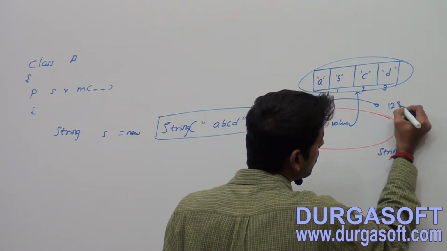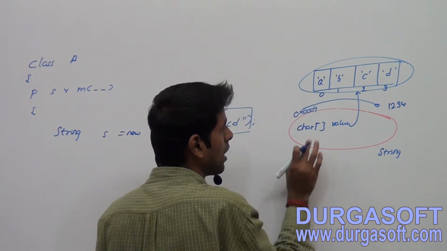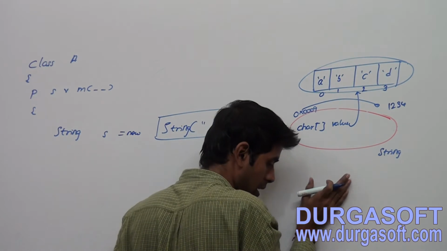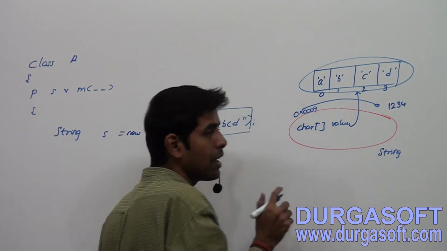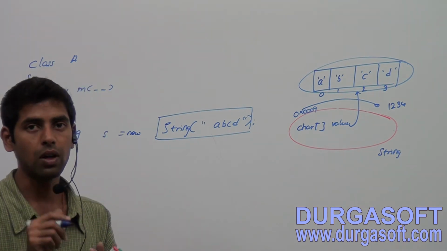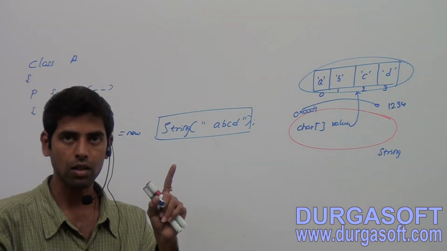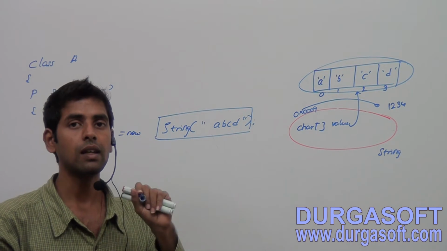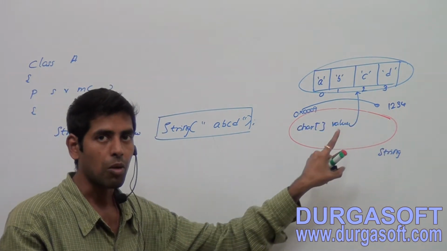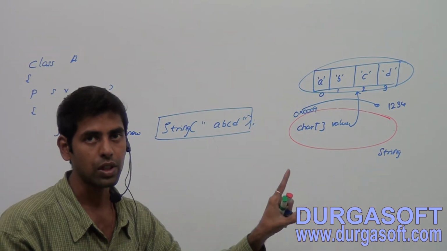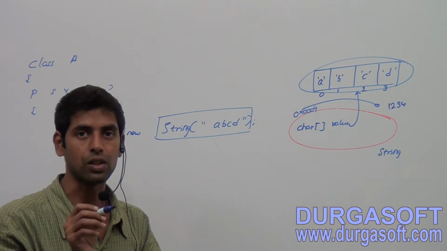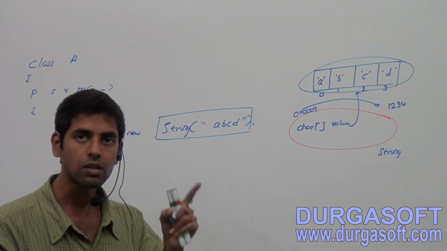Let it be 1, 2, 3, 4. Either the address or hash code, approximately converted to a hexadecimal string value, is called the reference value.